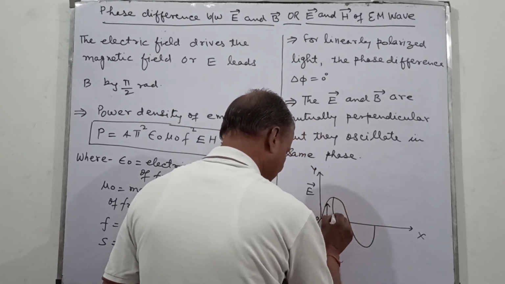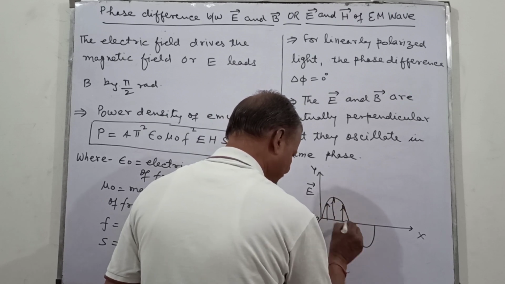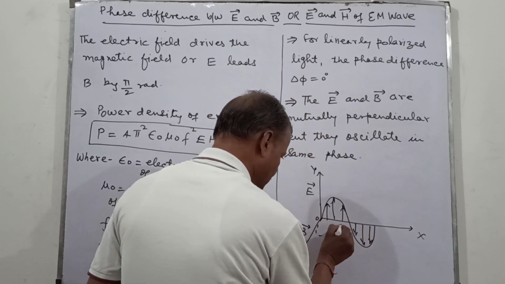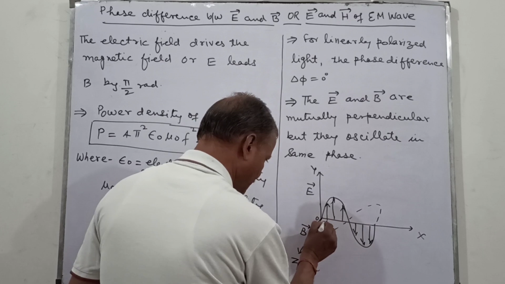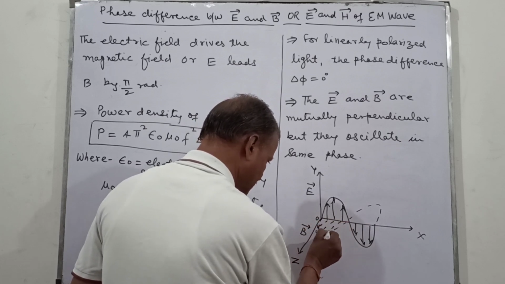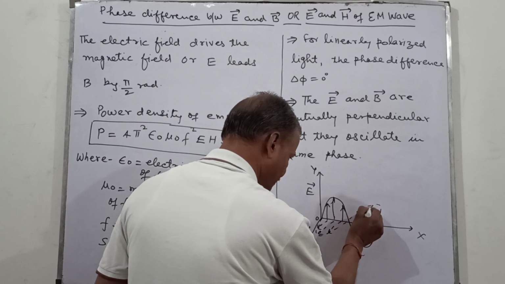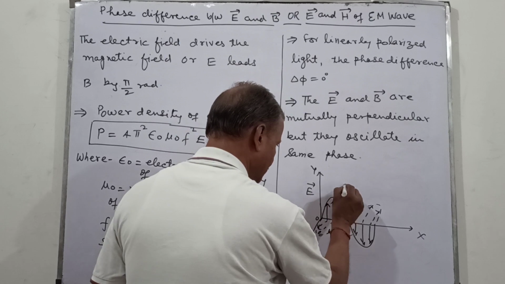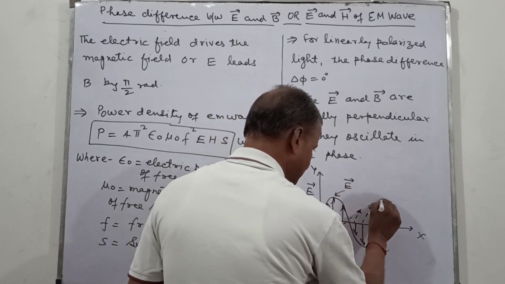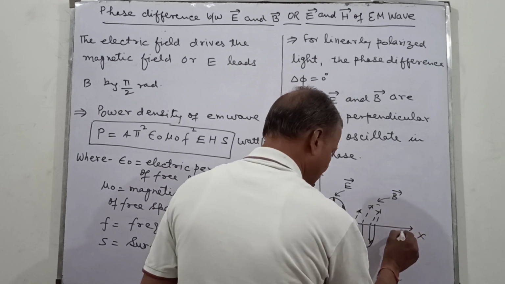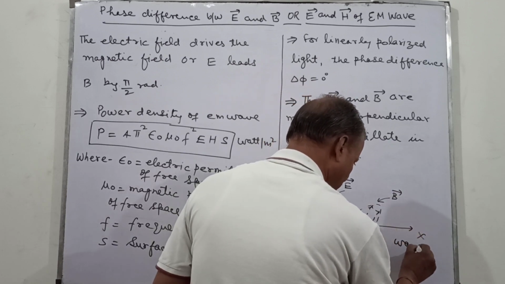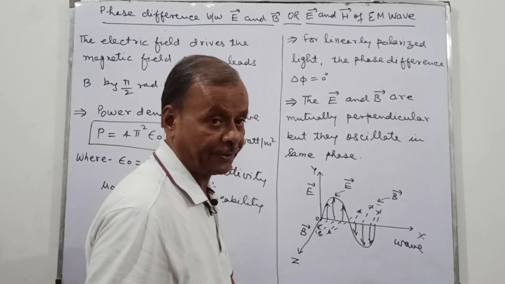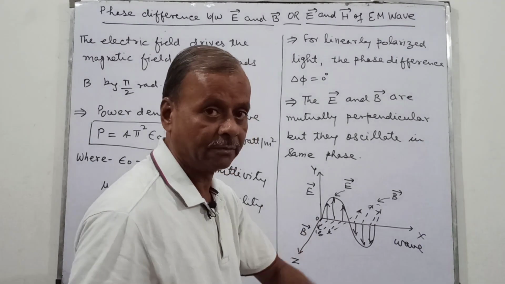This is the electric field, and this is the magnetic field. This is for E and this is for B. This is now the wave. That wave propagates in the x direction. So all are mutually perpendicular, the electric field, magnetic field and the wave.